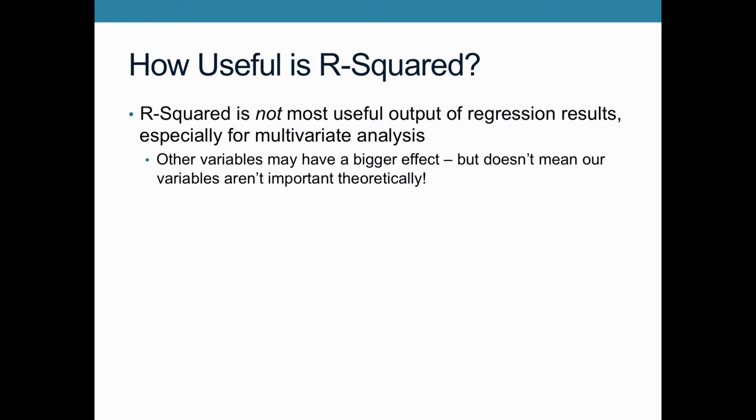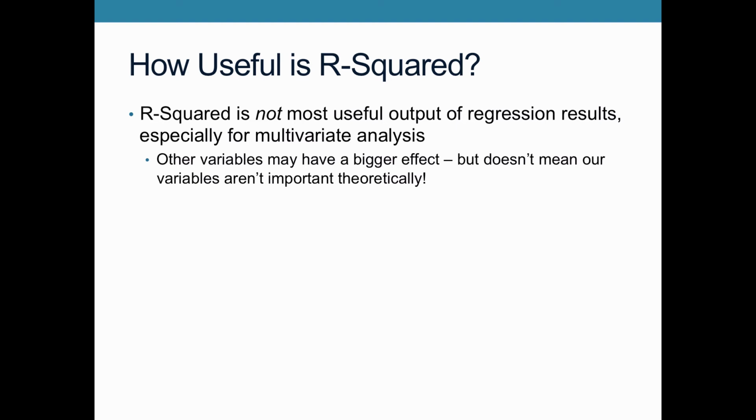So first of all, you can have other variables that have a bigger effect, but it doesn't mean that our variables aren't important theoretically. So think about this, if you have a relationship between two variables, you might get a low R squared value, because what that means overall is how much is the general variation in your x, how much does that explain variation in y?